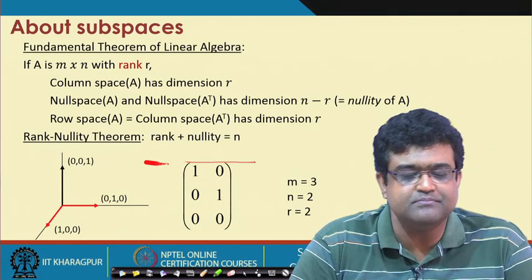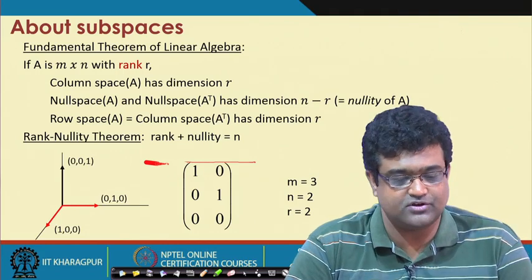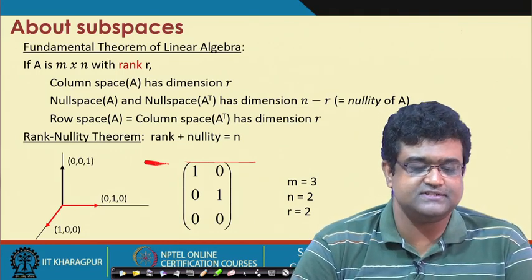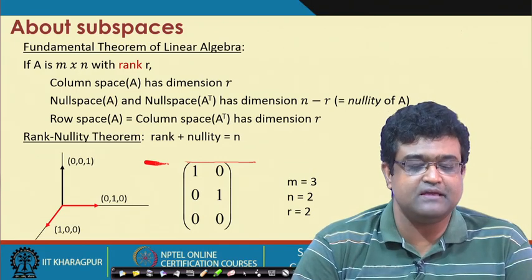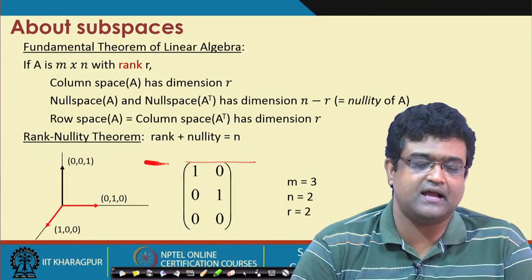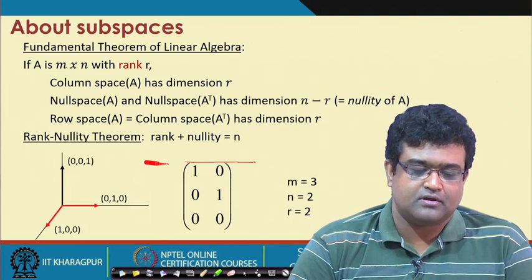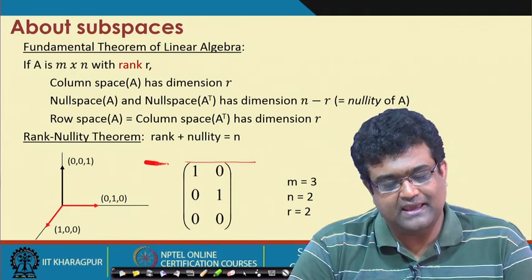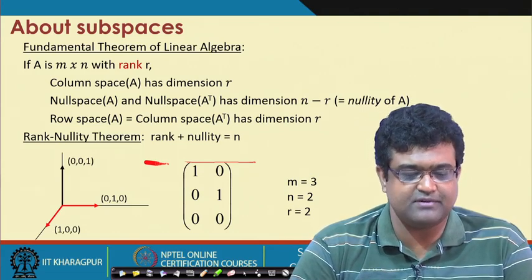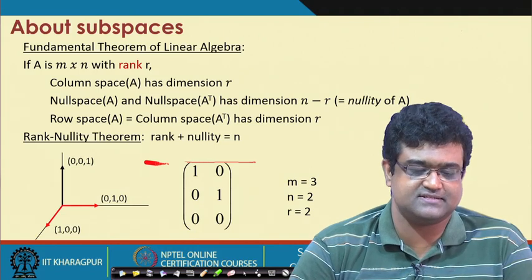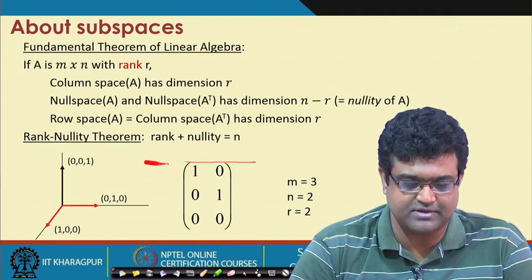Next, we discuss an important result in linear algebra, which is also called the fundamental theorem of linear algebra. Given a matrix A, let us say it is an m by n matrix with rank R, the column space of A has dimension R. This is coming from the definition of rank, which says the rank of a matrix is the dimension of the column space of a matrix.